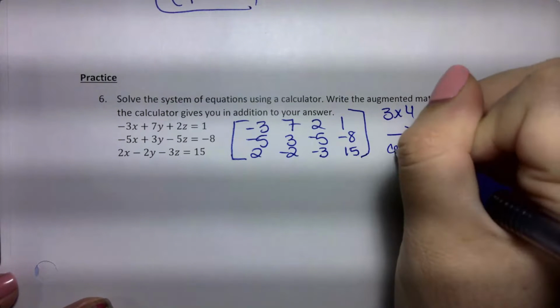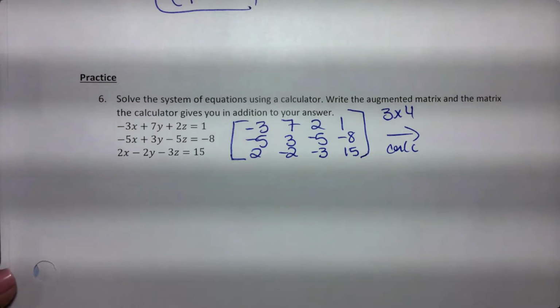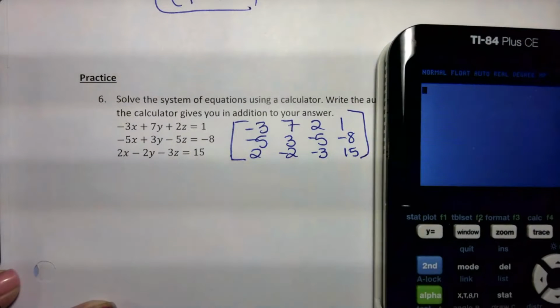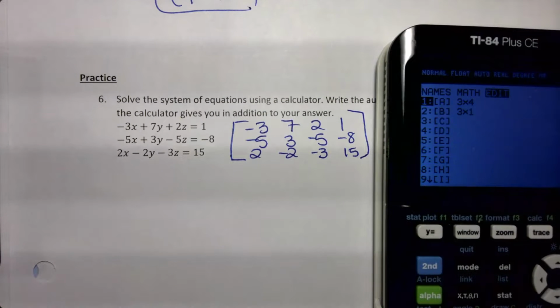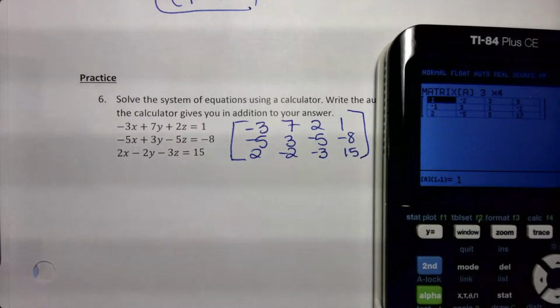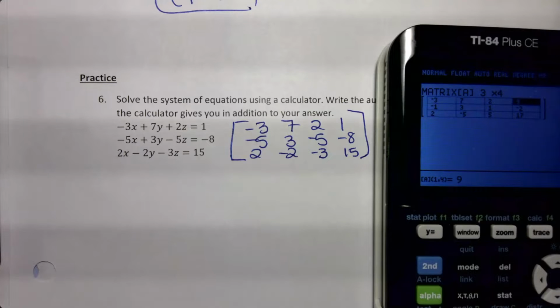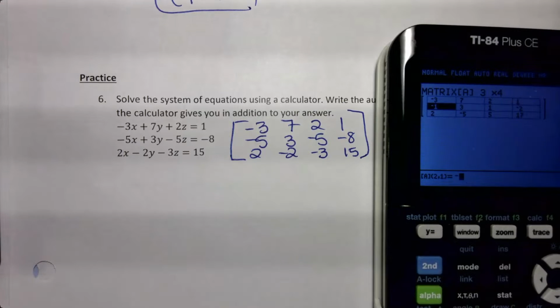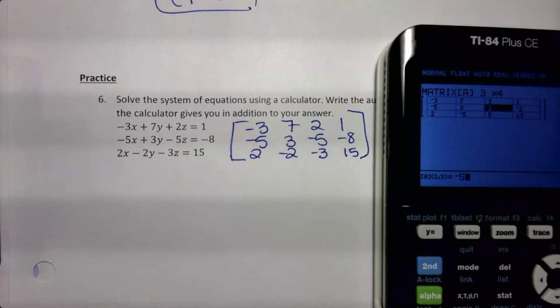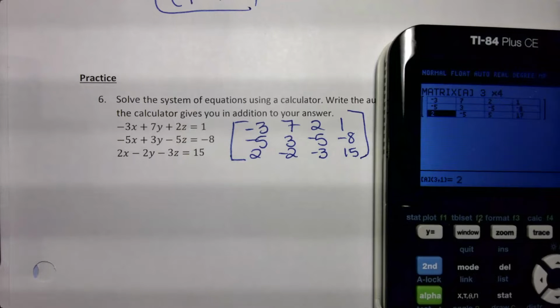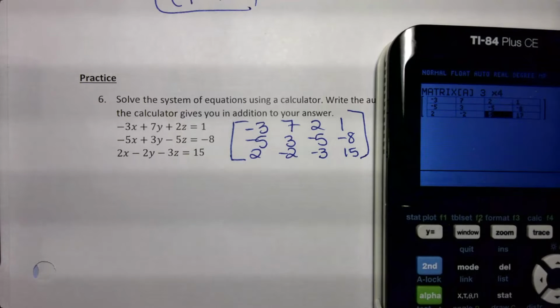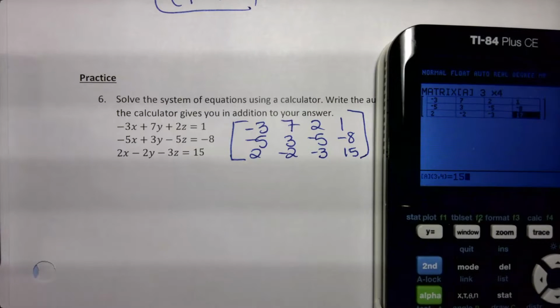I'm going to go type this into my calculator. So I'm going to go second matrix, edit this matrix, -3, 7, 2, 1, -5, 3, -5, -8, 2, -2, -3, 15.